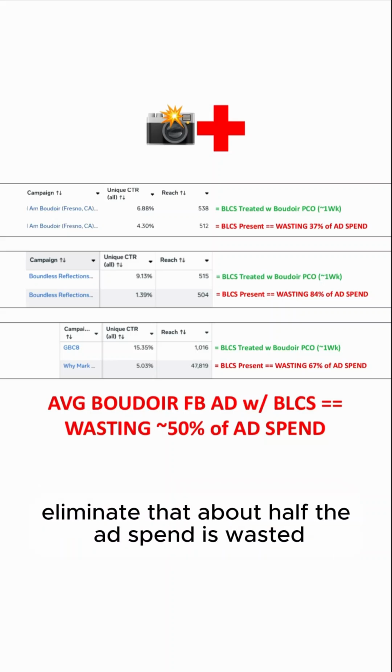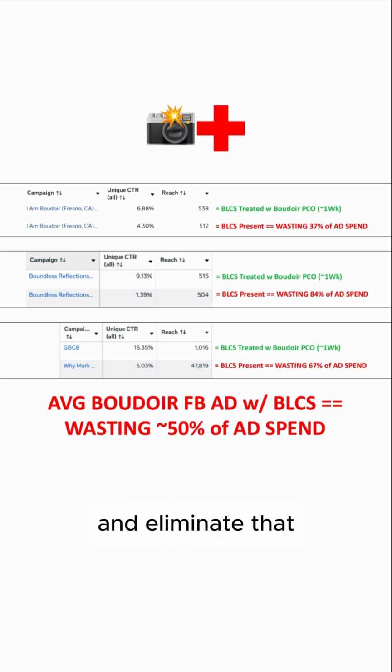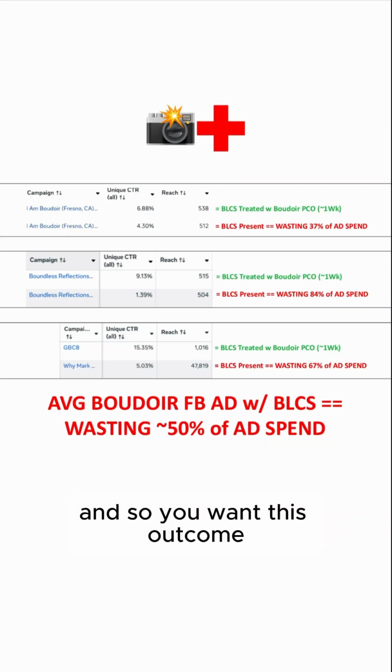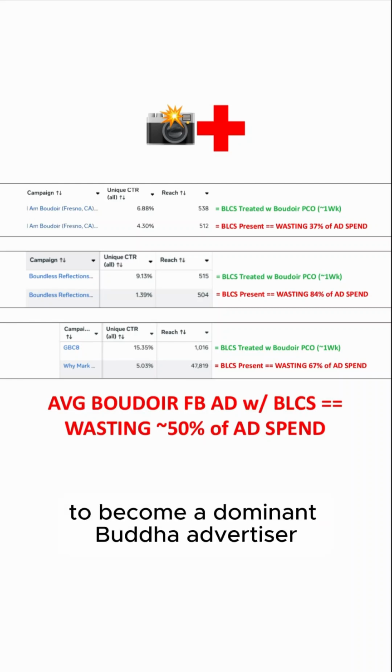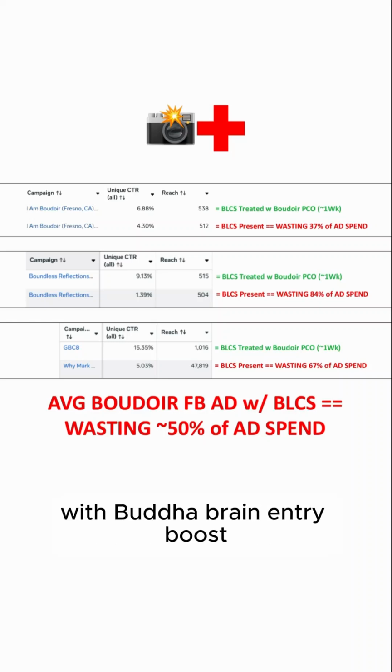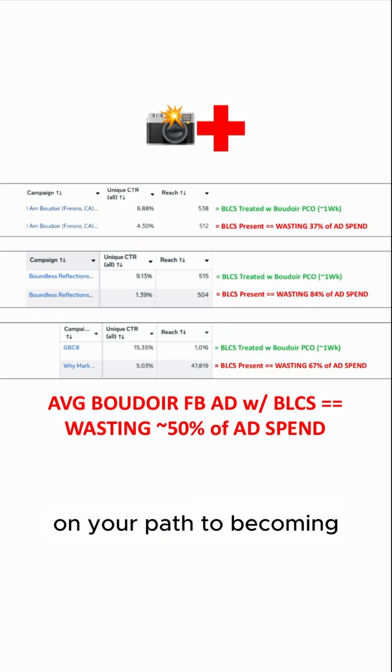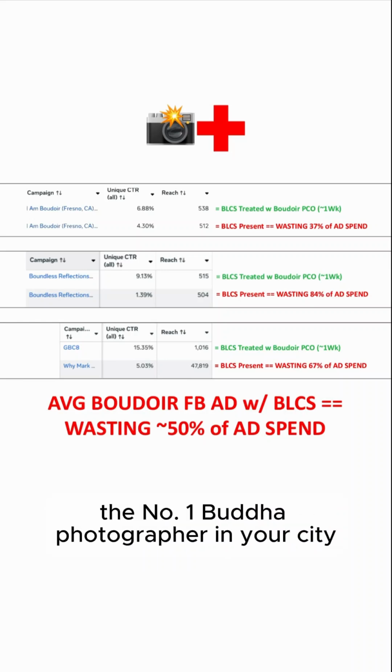Eliminate that, about half the ad spend being wasted, and put that 5K back in your pocket instead of the Zuck's pocket. That'd be approximately 60K over the next 12 months. And so you want this outcome, and you also want to achieve pre-click alignment to become a dominant Boudoir advertiser with Boudoir Brain Entry Boost, because you need this on your path to becoming the number one boudoir photographer in your city.